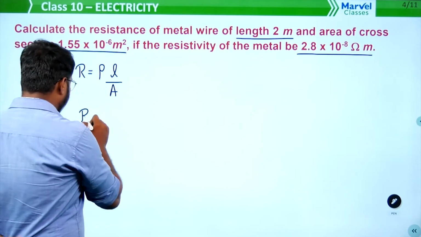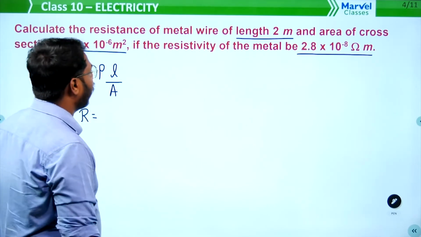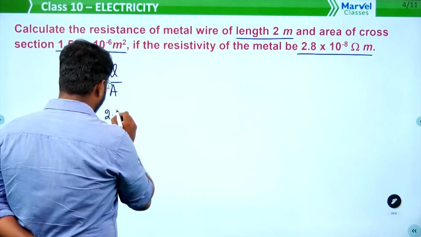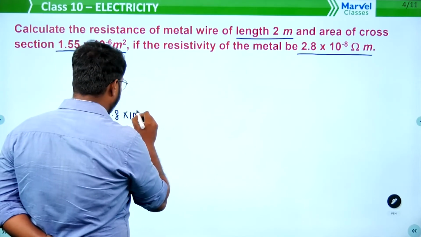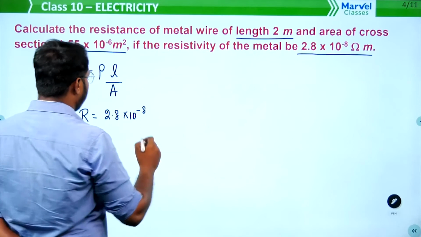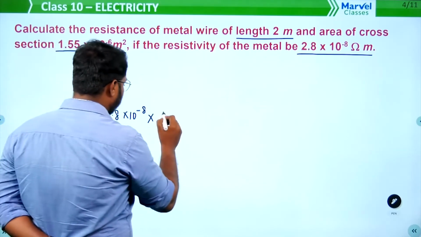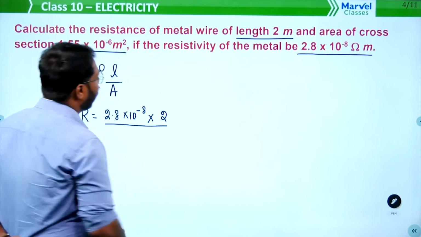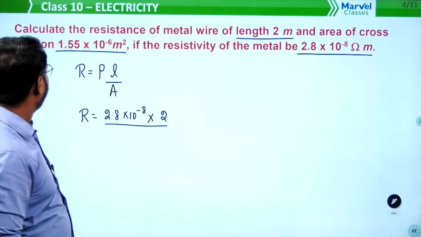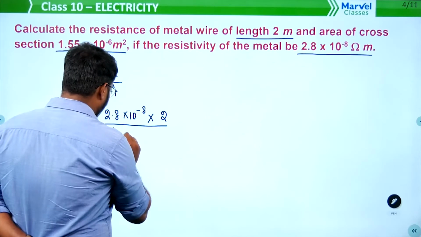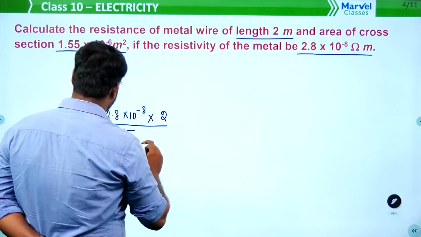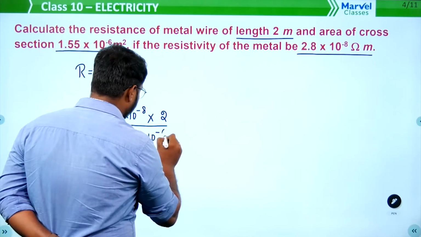So capital R is equal to, what is rho here? 2.8 into 10 power minus 8 into, what's the length of the material? It is 2 divided by, what is the area of cross section? It is 1.55 into 10 power minus 6.